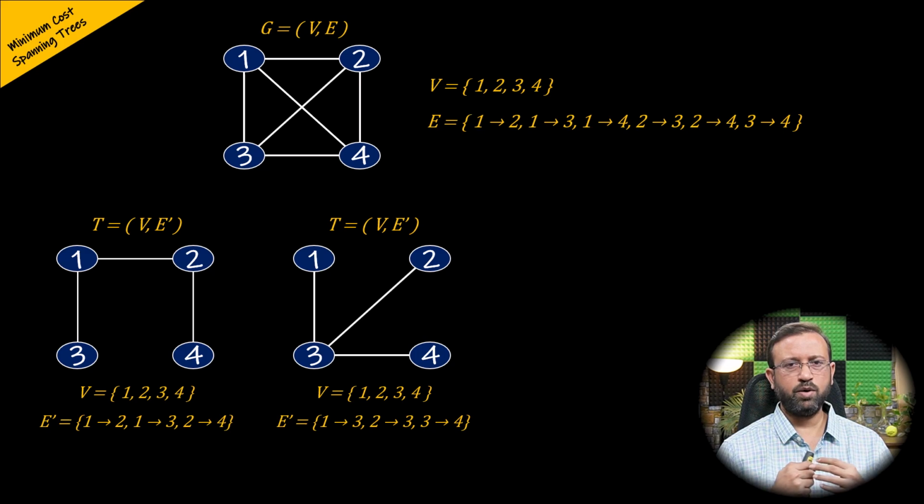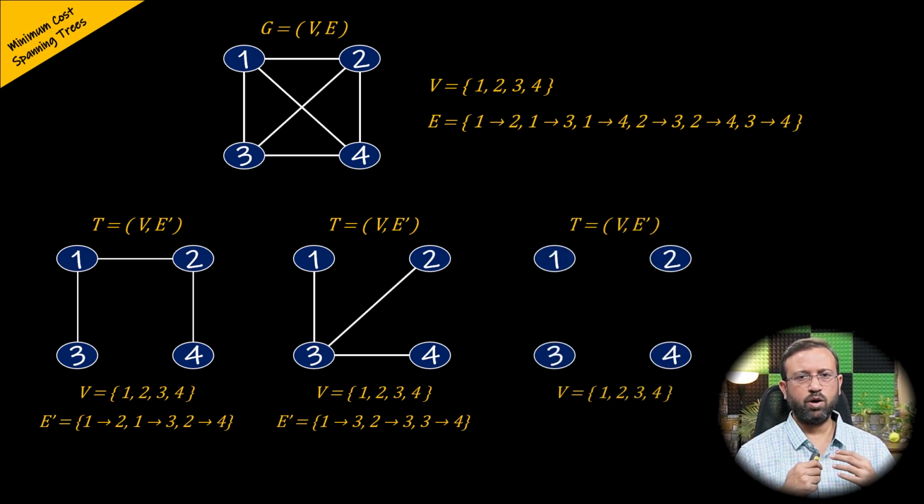There is another possibility of constructing a spanning tree of graph G with all the vertices of G and the edges between vertex 1 to vertex 2, vertex 2 to vertex 4, and an edge between vertex 3 to vertex 4. So, it is possible for a graph to have several different spanning trees. Actually, a single graph can have many different spanning trees.